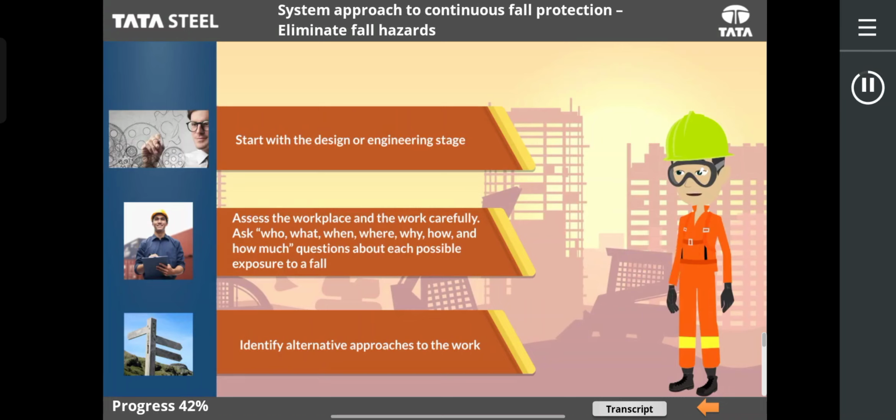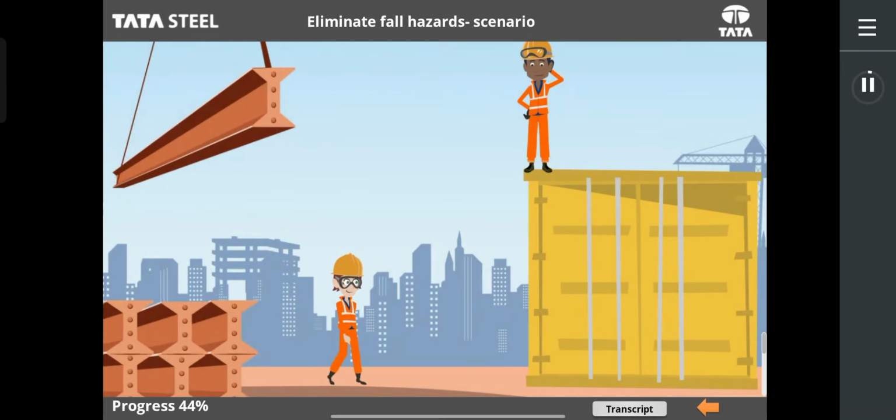Let us look at an example of how identifying alternate approaches can help. There was a project that required an assembly of a steel structure at a height. There were many risks involved and the chances of hazard were high.